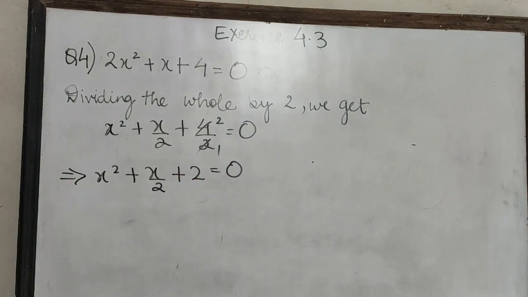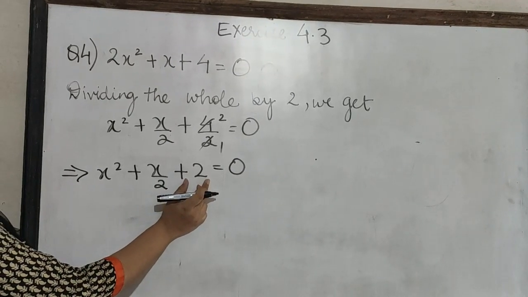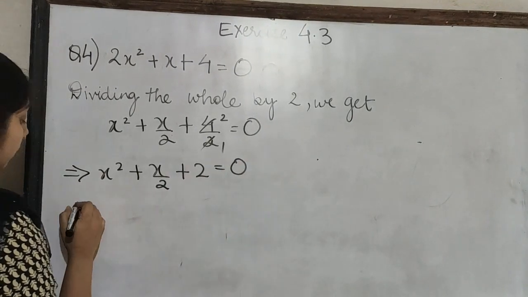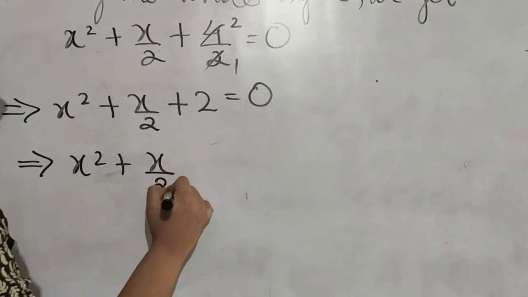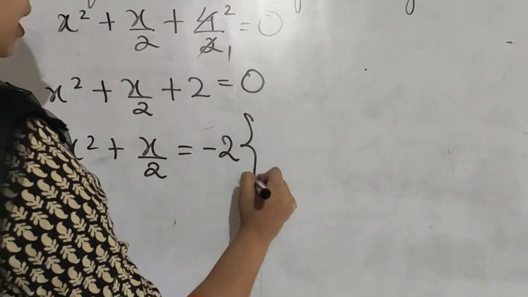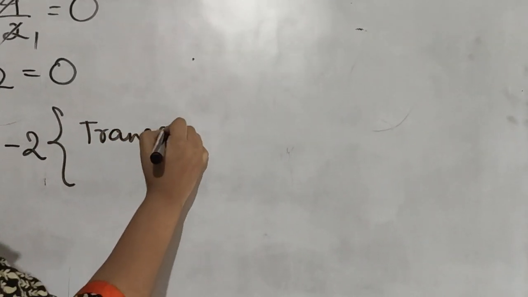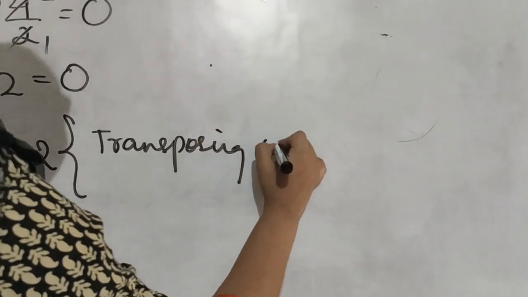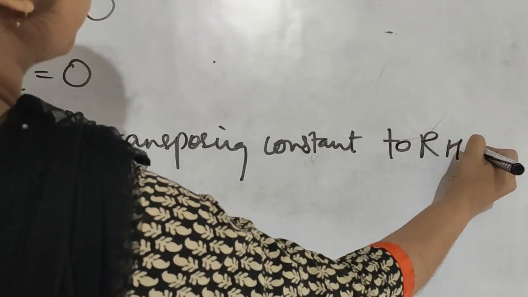Our next step is what? Our next step is that we transpose the constant term to RHS. So over here we will write x square plus x by 2 equals to minus 2. In brackets we are going to mention transposing constant to RHS.